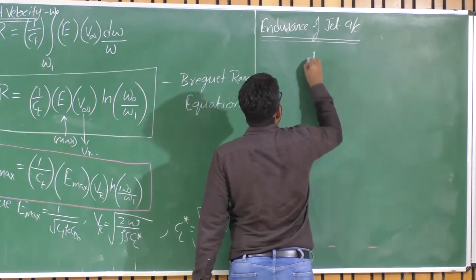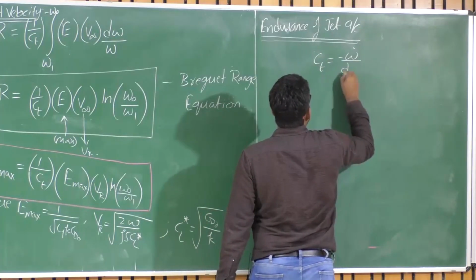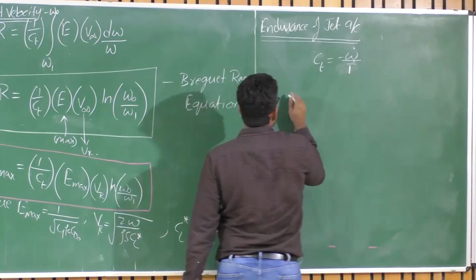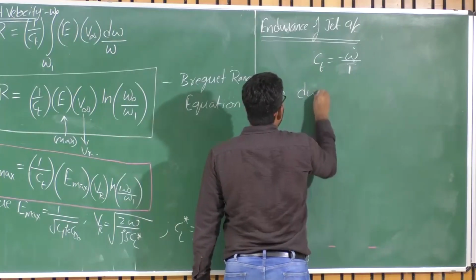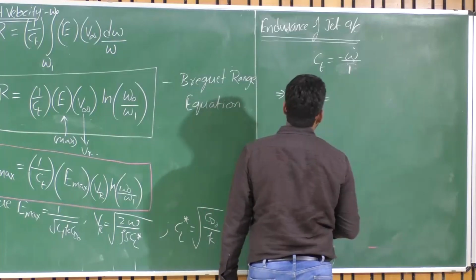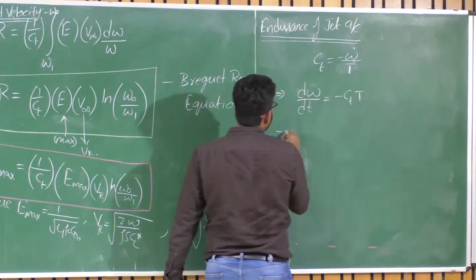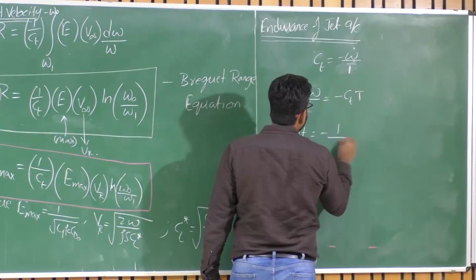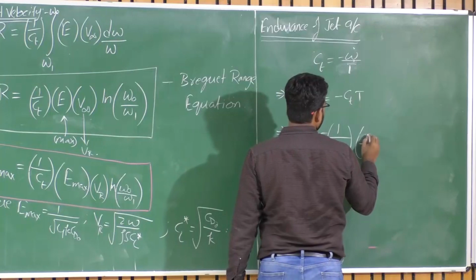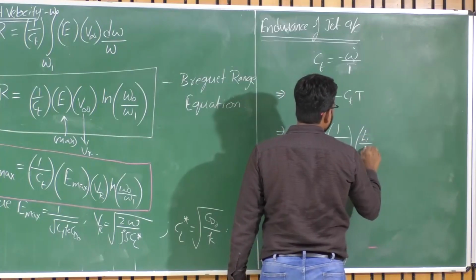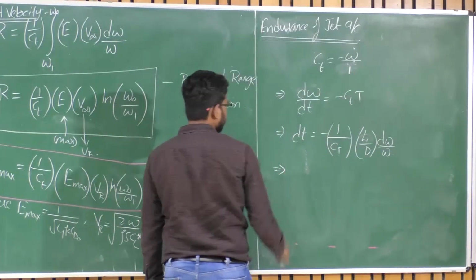We have the specific fuel consumption Ct equals minus dW upon dt divided by T, so dW upon dt, or W dot, is equal to minus Ct times T. So dt is equal to minus 1 upon Ct times L upon D times dW upon W, since lift is equal to weight here.